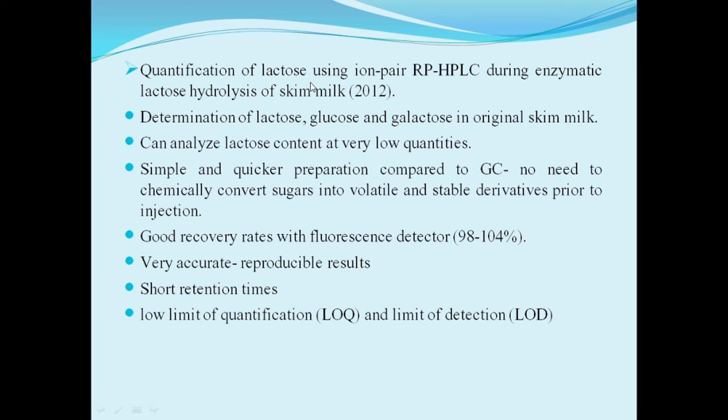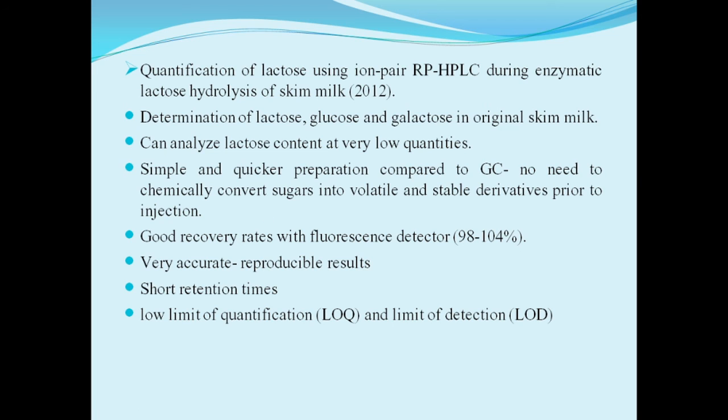Quantification of lactose using ion pair reverse phase HPLC during enzymatic lactose hydrolysis of skim milk. Determination of lactose, glucose and galactose in original skim milk. Can analyze lactose content at very low quantities. Simple and quicker preparation compared to GC. No need to chemically convert sugar into volatile and stable derivatives prior to injection.